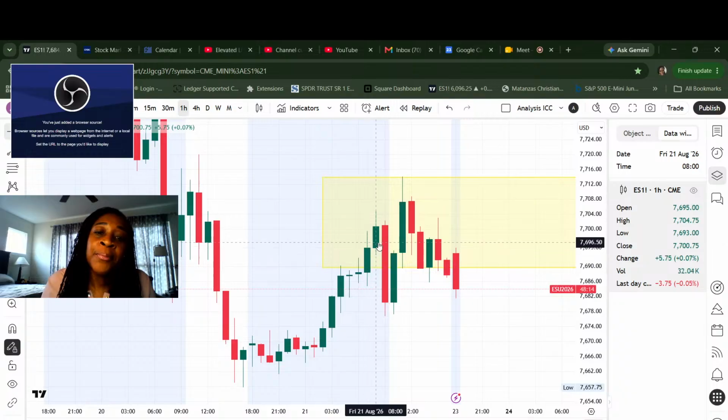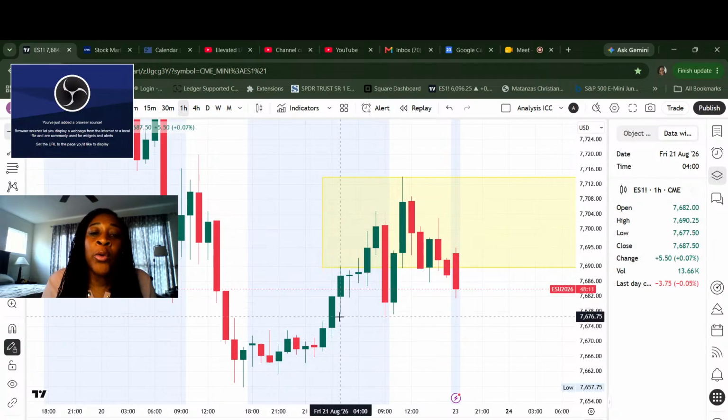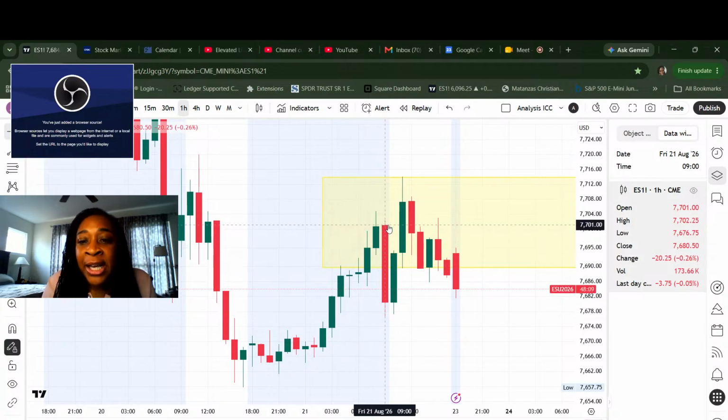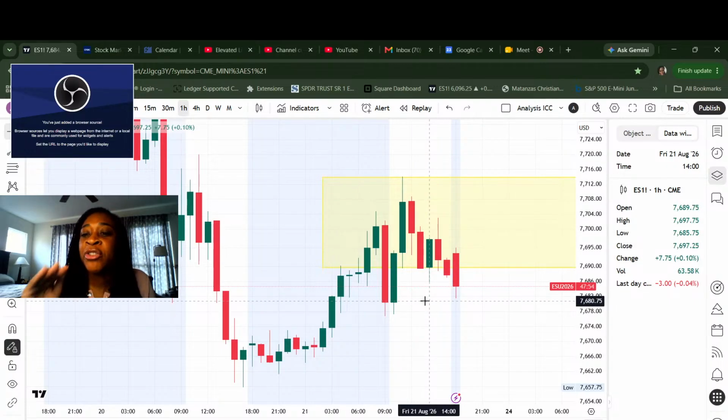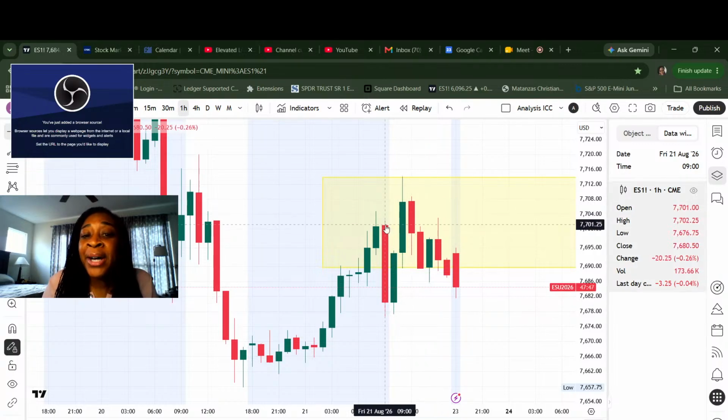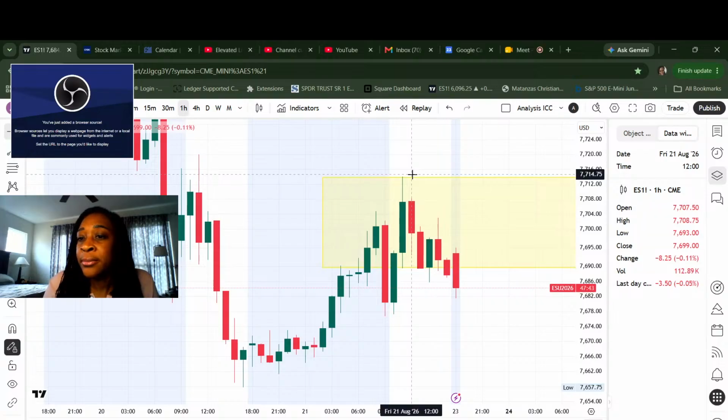Once I saw the market push all the way up overnight, there tends to be a bit of a retracement, is the word they use, where the market comes back down and recaptures some of the liquidity that it created overnight before it can go back up. Even if the market wants to go up, it generally can't go up in a straight line. It has to come back down, recapture some liquidity, and liquidity just means money. Recapture some money that it left behind overnight just so it can go a little higher.